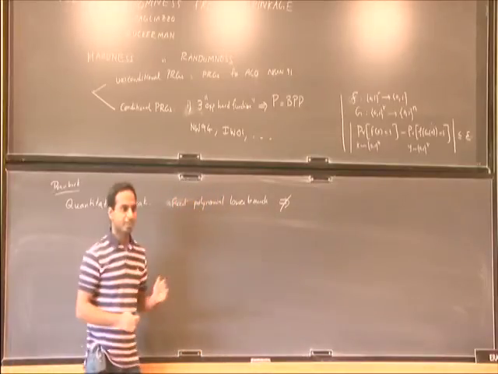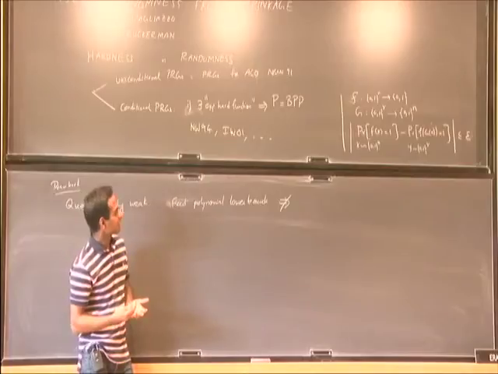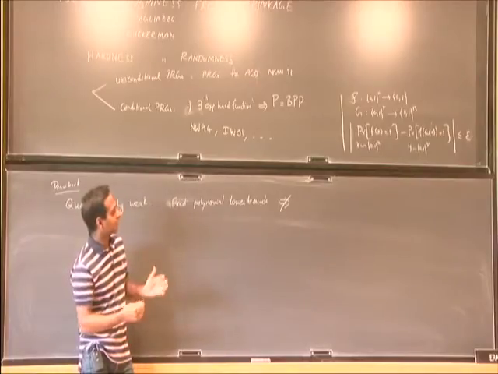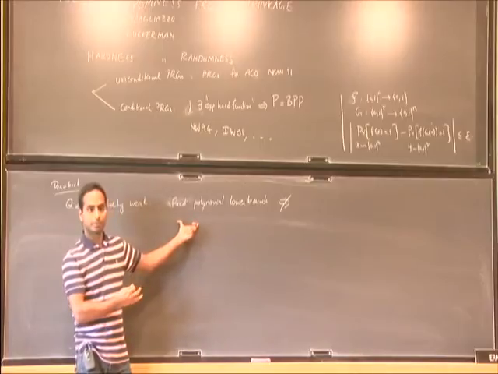So we get no such reductions, and there is in fact a reason for this. There are constructions which say that you cannot get such black box reductions from such small lower bounds.